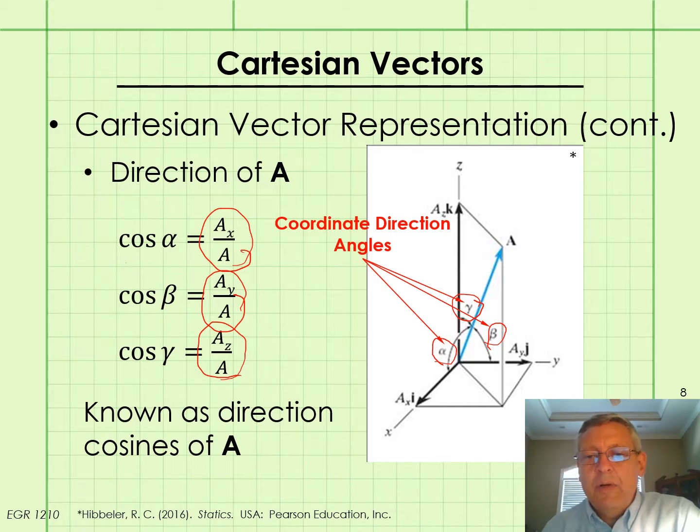Probably the easiest one to see is the cosine of gamma. Remember, here's gamma. Gamma is from the z-axis to A. And it helps to remember that this is a right angle here.